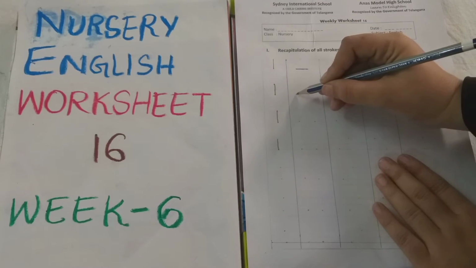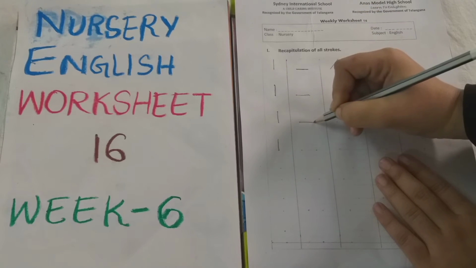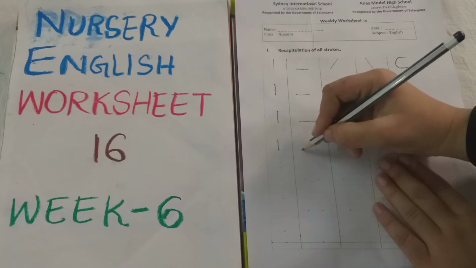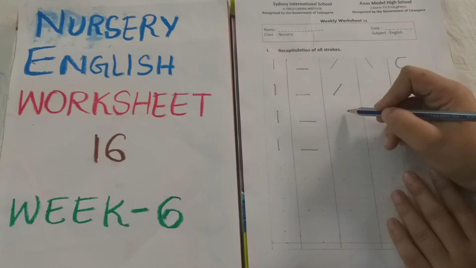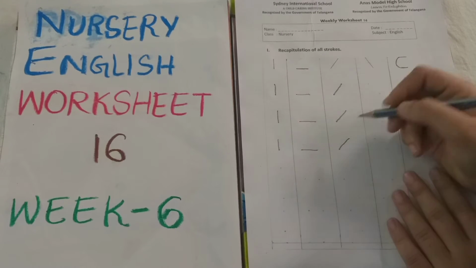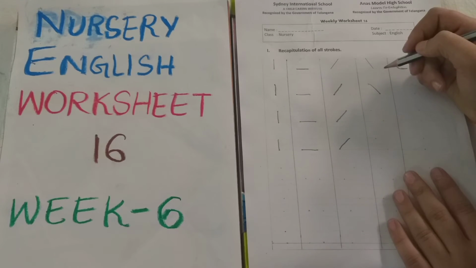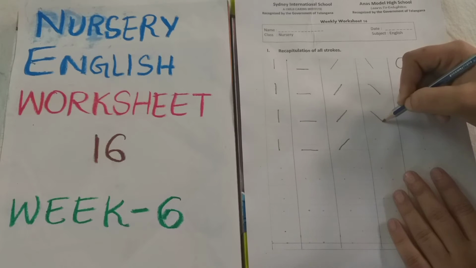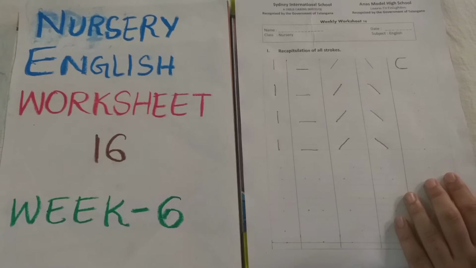And this is sleeping line, sleeping line, sleeping line, right slanting line, right slanting line, right slanting line, left slanting line, left slanting line, left slanting line.